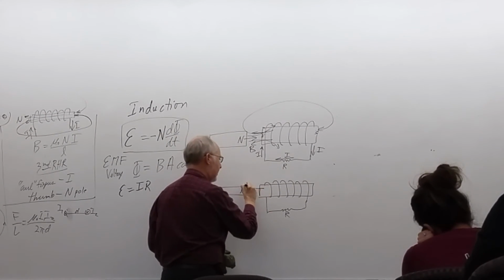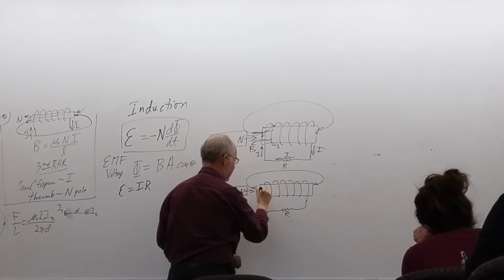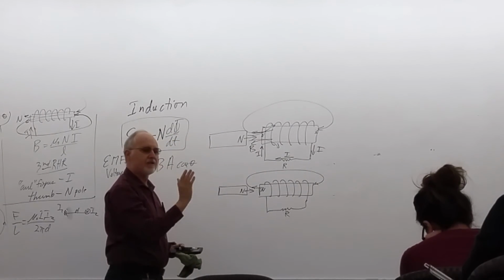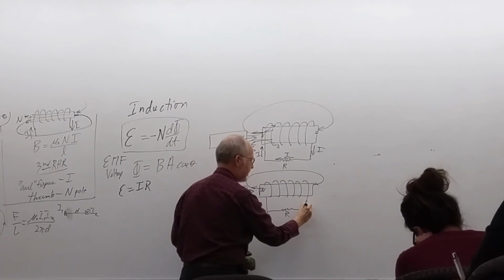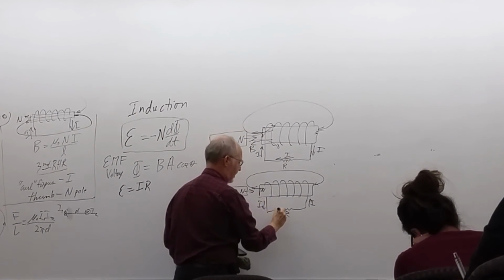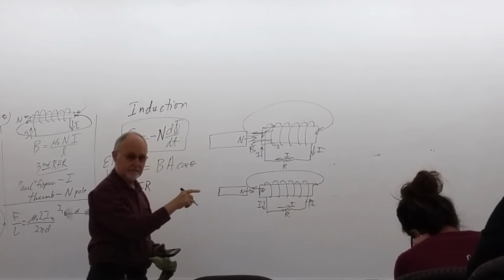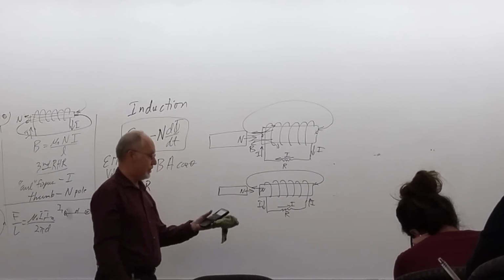So I want my magnetic field due to this induced current going around like that. But again, that's front to back. But now the front side is over here on the right, back side is on the left. And so the current must be going the opposite way for my resistor down there.